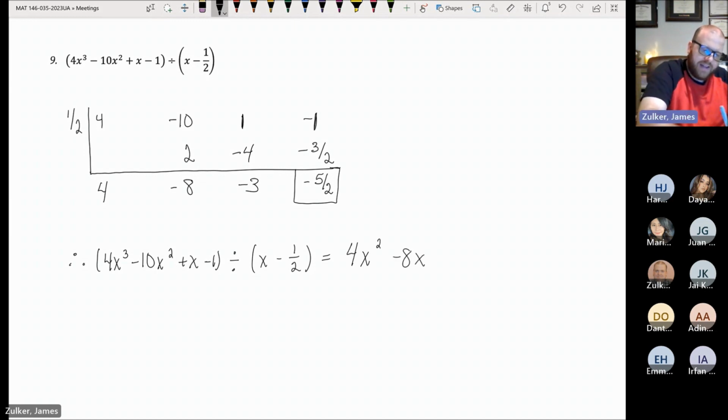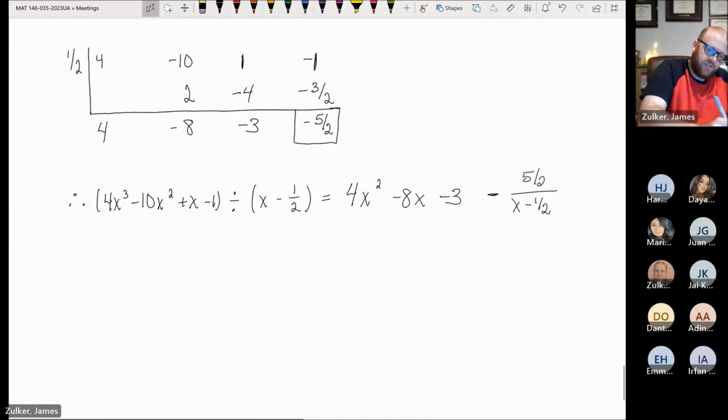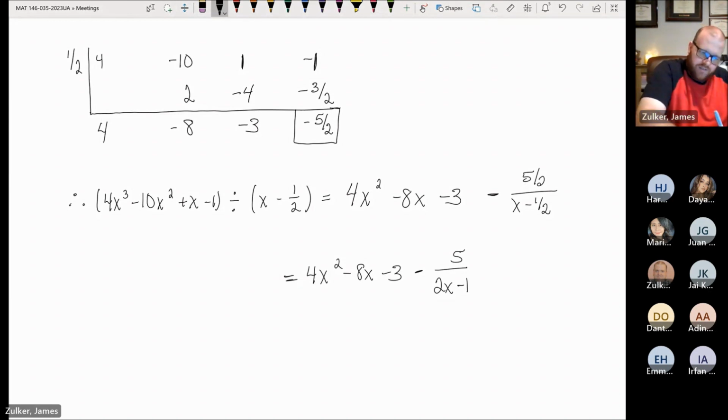For x squared minus 8x minus 3 minus 5 halves over x minus a half. We can simplify that. Right?